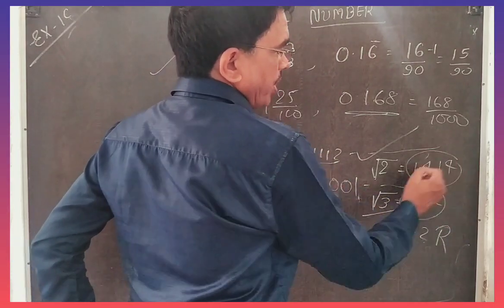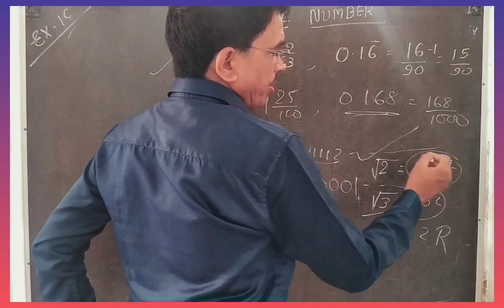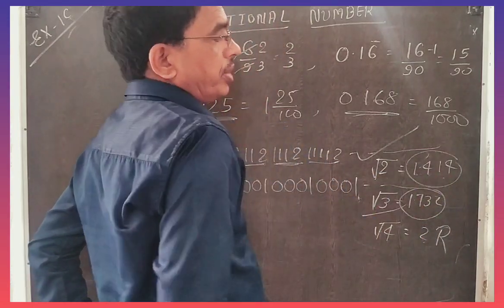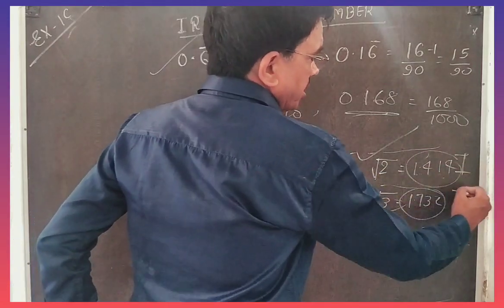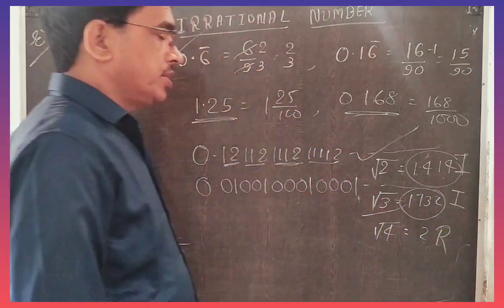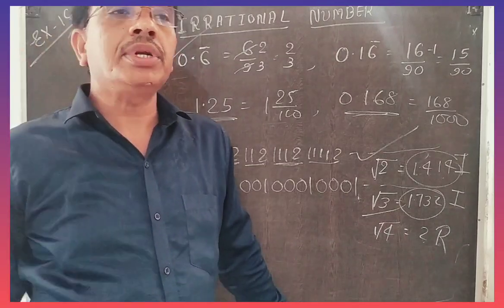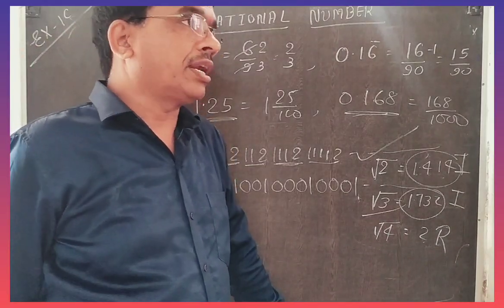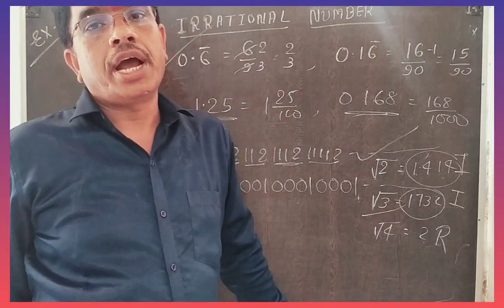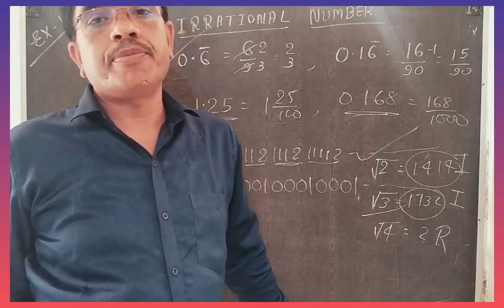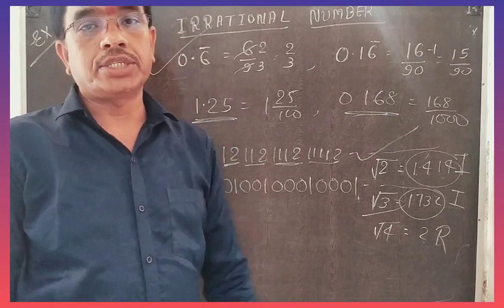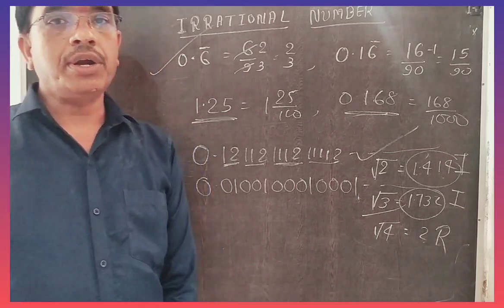When you multiply 1.414 into 1.414, you cannot get 2. So these are irrational, but root 4 is rational. So you can also say that a number which does not have a perfect square root is also called an irrational number. So dear students, an irrational number is neither terminating nor repeating and has no perfect square root.